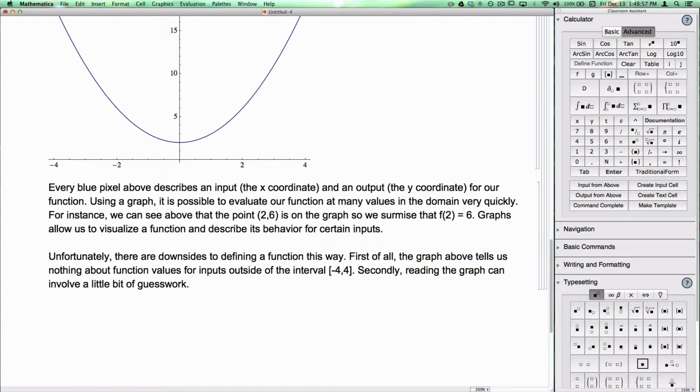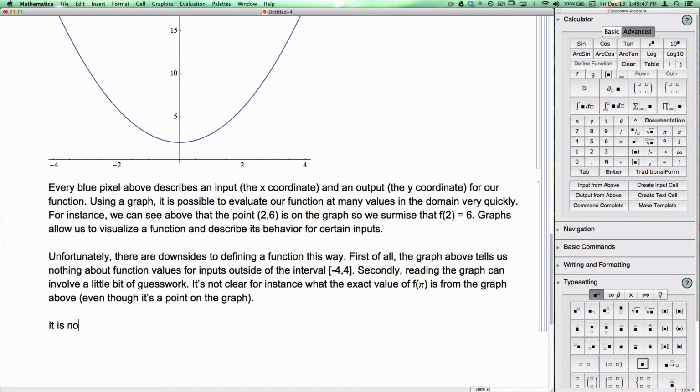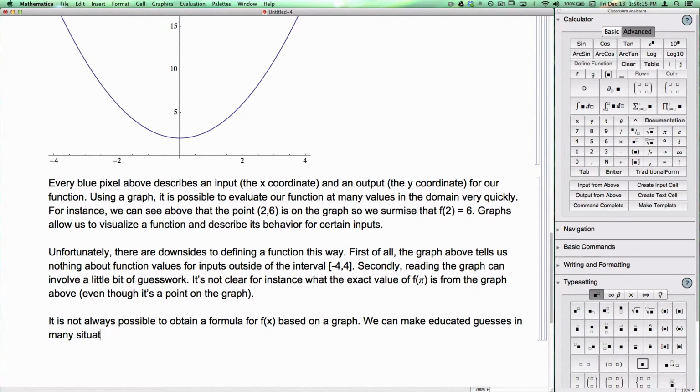It's not clear, for instance, what the exact value of f of pi is from the graph above, even though it is a point on the graph. It is not always possible to obtain a formula for f of x based on a graph. We can make educated guesses in many situations if we are familiar with a large class of functions.